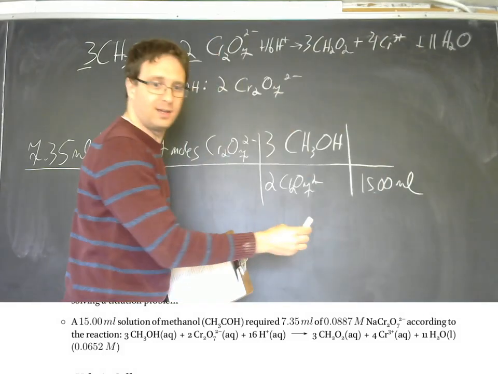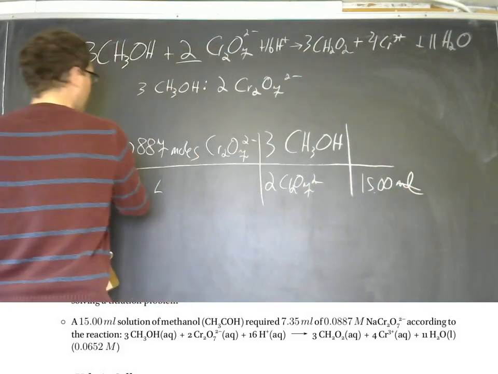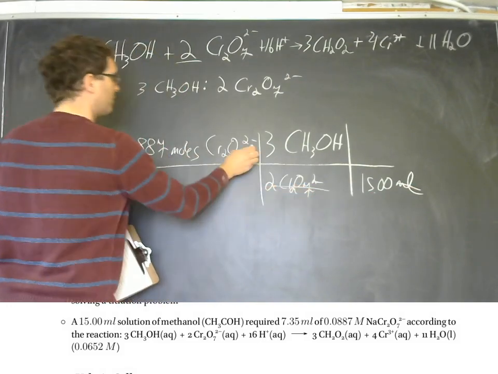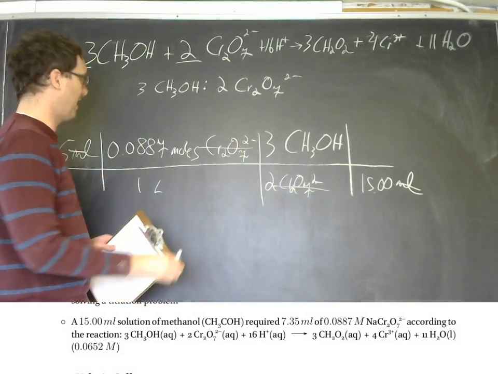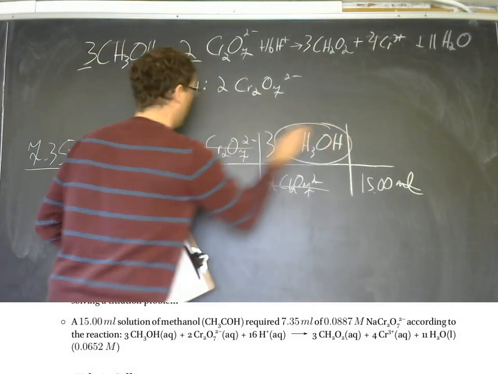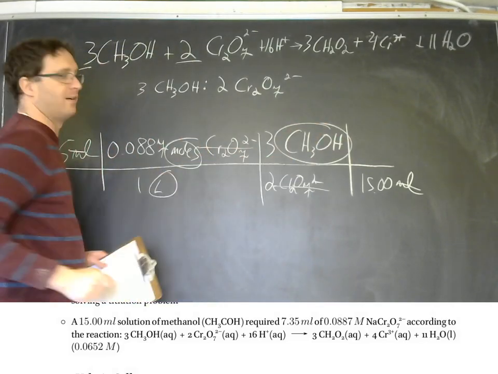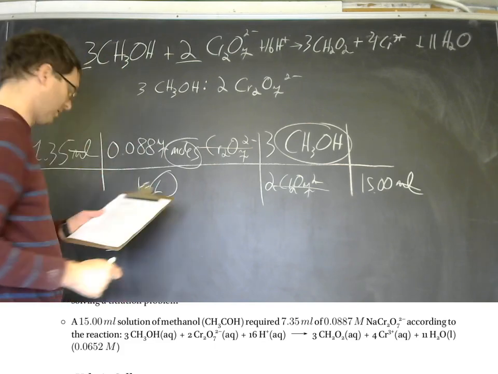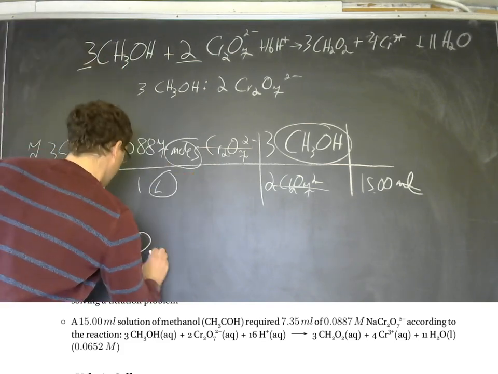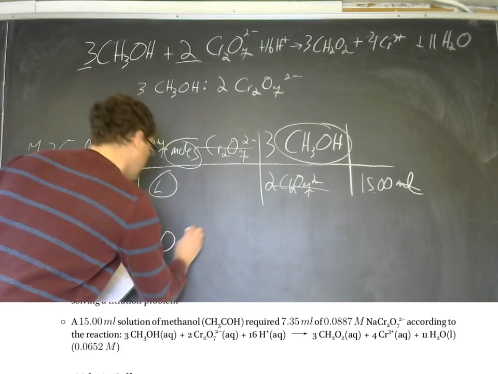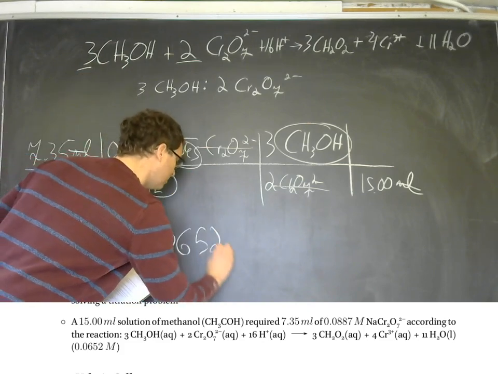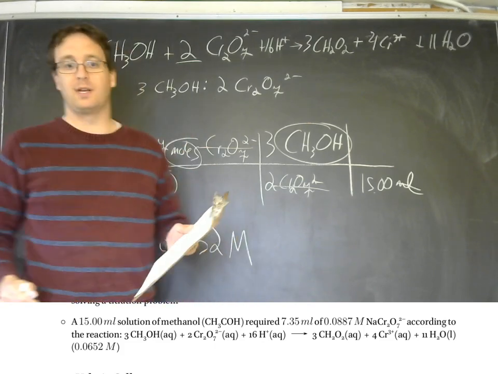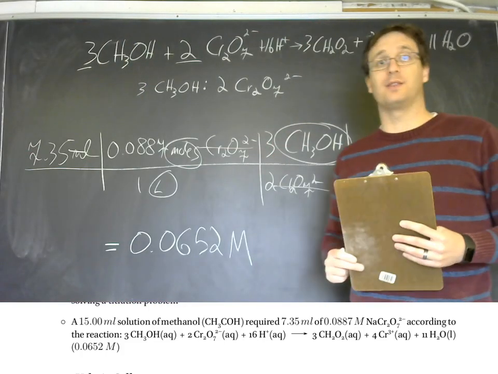You see here how the milliliters cancel, our moles of dichromate cancel, and we're left with moles of methanol per liter. Put that in your calculator, and you're going to end up with 0.0652 moles per liter of methanol in your original unknown.